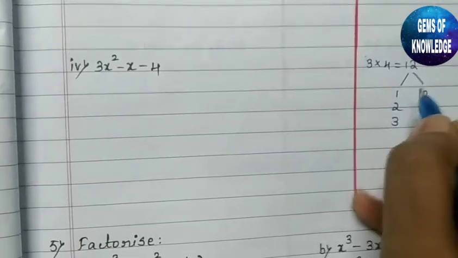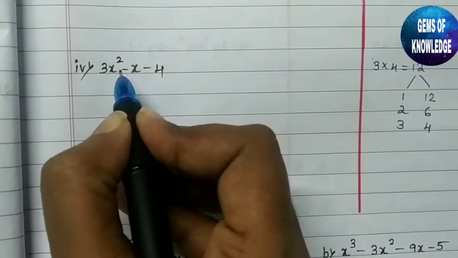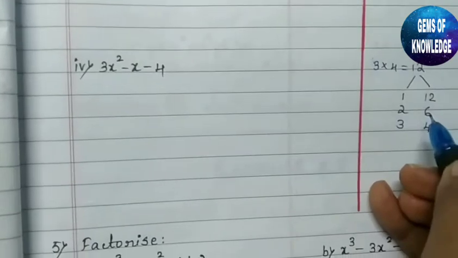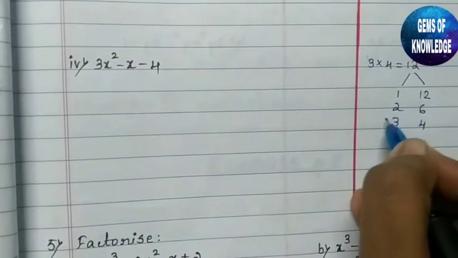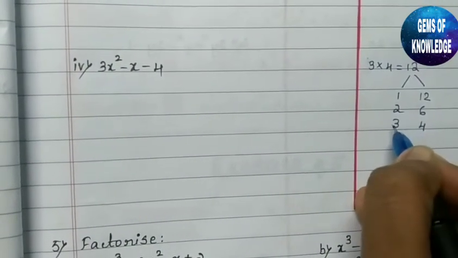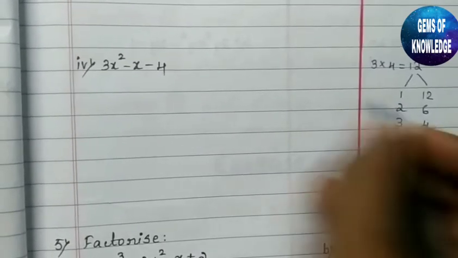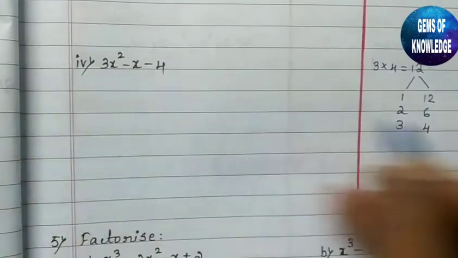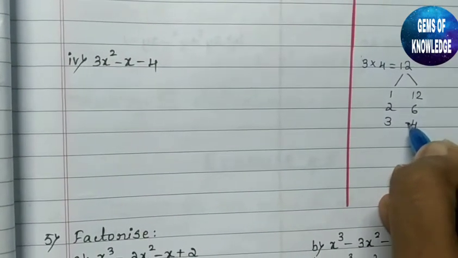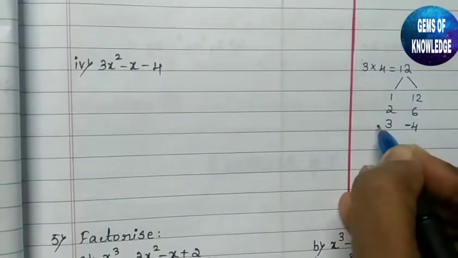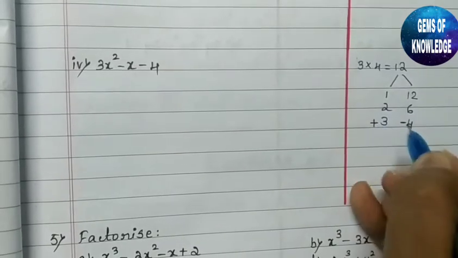Okay, so what we have to get here, we need to get minus 1. So how can we get minus 1? Only here we can get the minus 1, because 4 minus 3 is 1. We are getting 1. Okay, so as here we are having minus sign, so we need to put the greater number with the minus sign, and this will be having the plus sign.